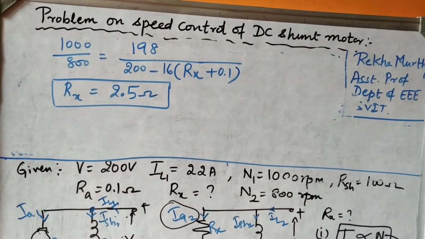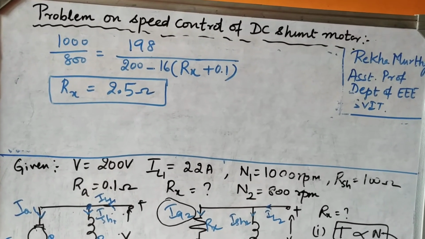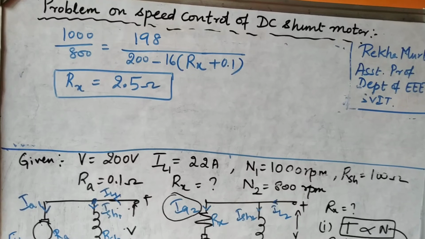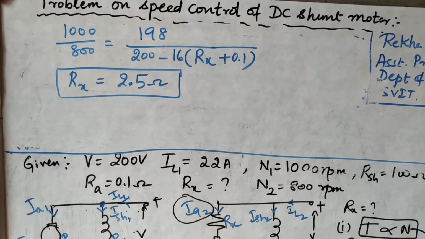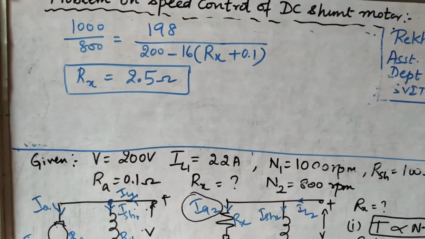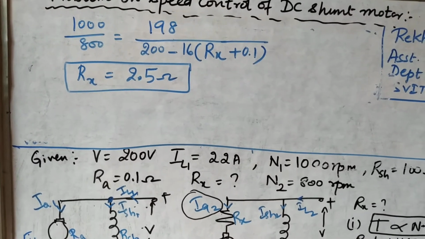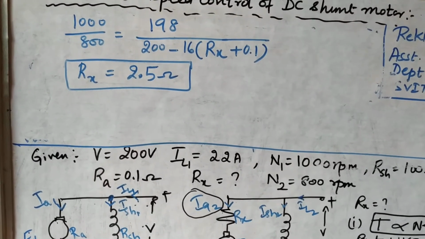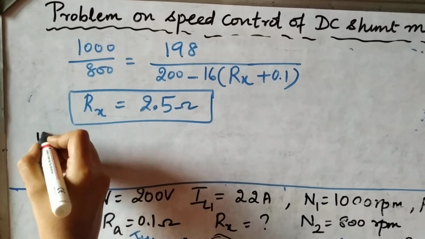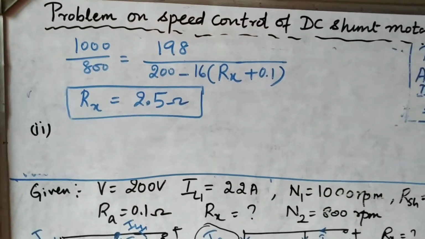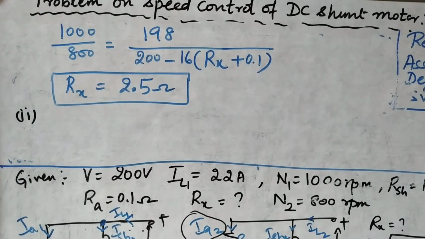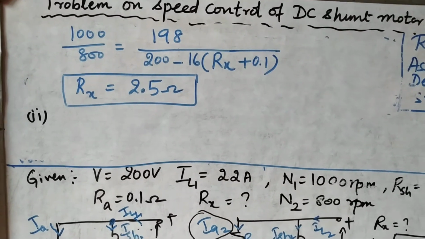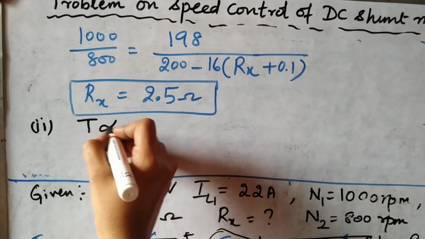Next, moving on with the second case, how to find out the unknown value of a resistance. For the second case, they have given that the load torque varies as the square of the speed.